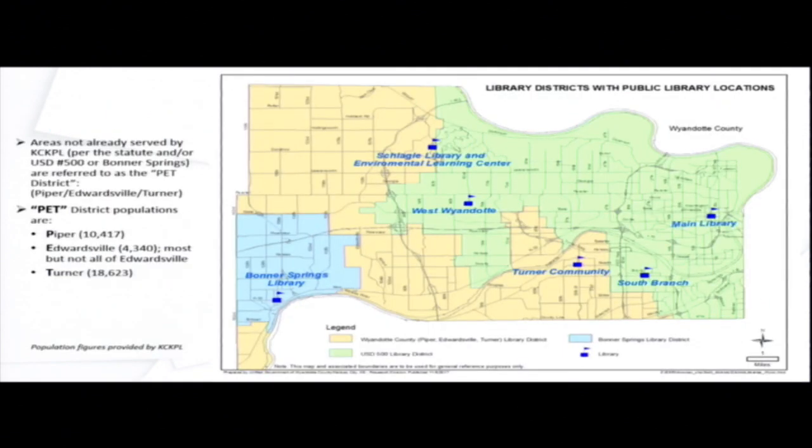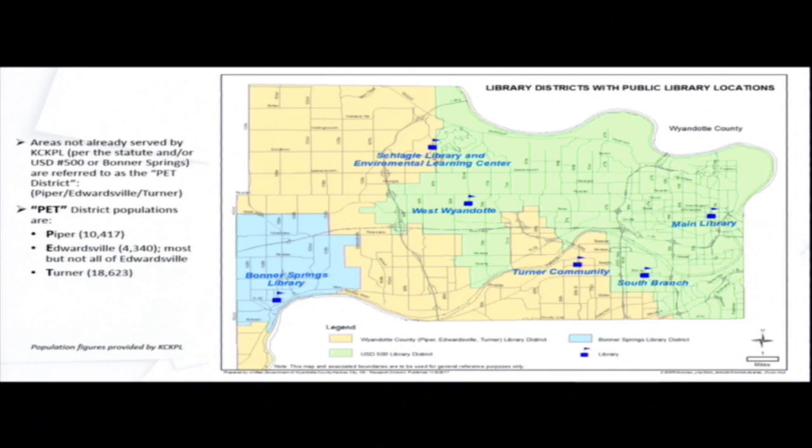Now we're providing a map just to show you how all three of these districts look. The green is the USD 500 School District Library Board, and the yellow is what we're calling the PET District, which is the district governed by the Wyandotte County Library Board. Those are the areas of Piper, Edwardsville, and Turner, so PET, right?